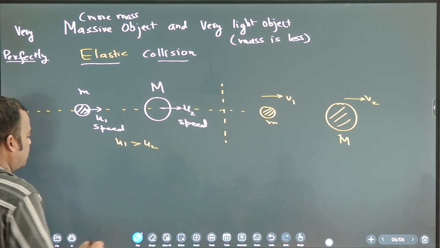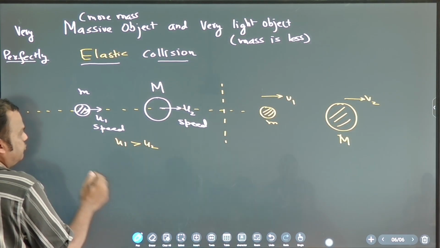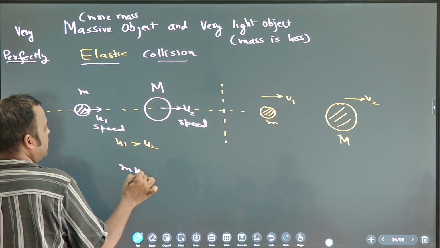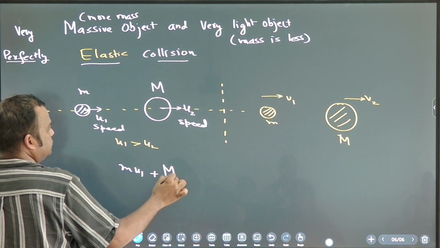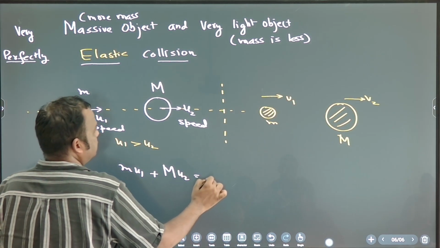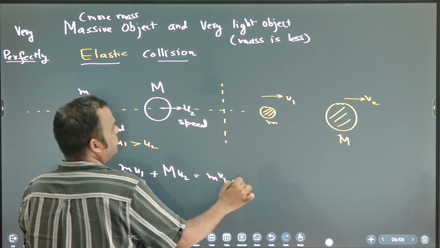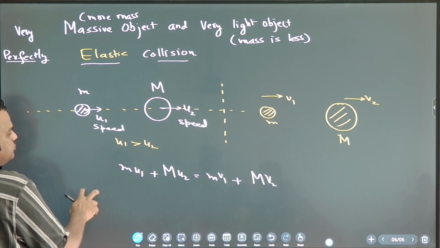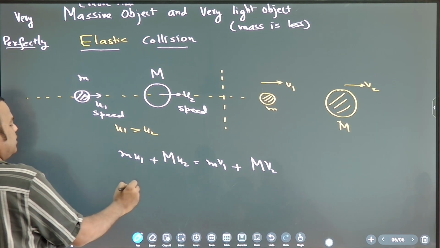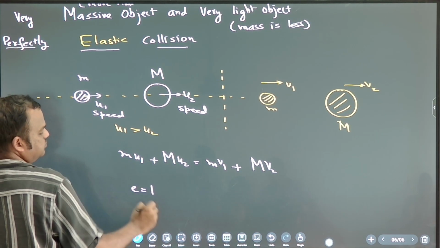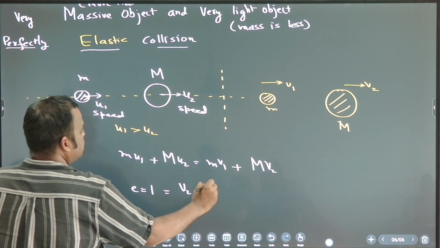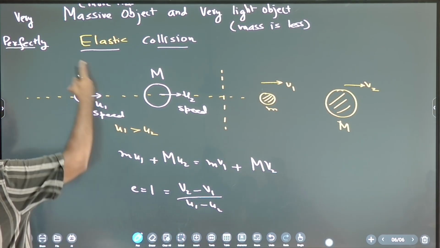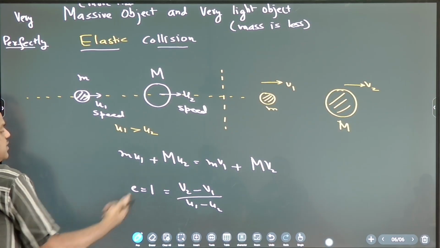Now you do momentum conservation first: m u1 plus capital M u2 is equal to m v1 plus capital M v2. Now the e formula. What is the e formula? v2 minus v1 by u1 minus u2, and for a perfectly elastic collision it is 1.